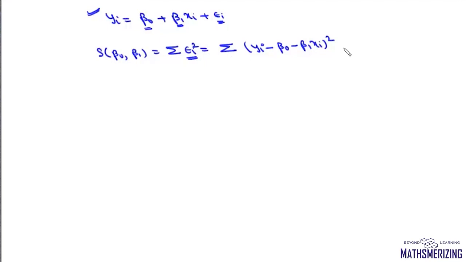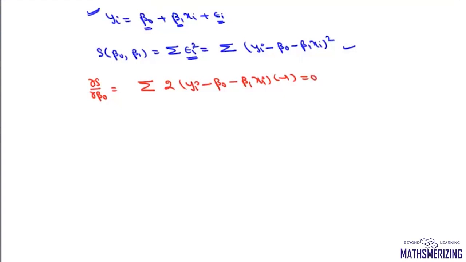So we need to minimize this function. For that, we'll differentiate this function partially with respect to beta naught. So we'll write delta S upon delta beta naught will be summation of 2 times yi minus beta naught minus beta 1 xi, and then the derivative of this with respect to beta naught will be simply -1, and we'll put it equal to 0.